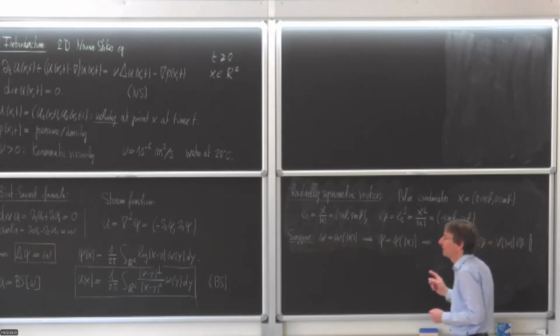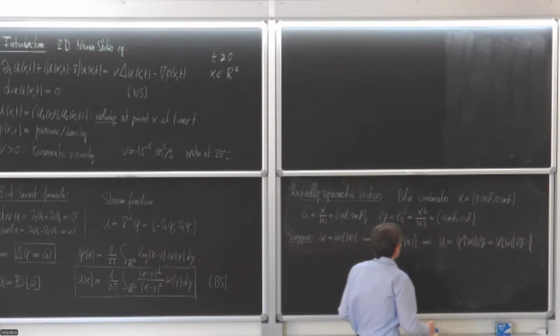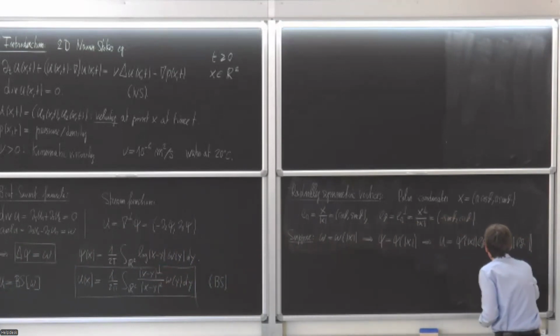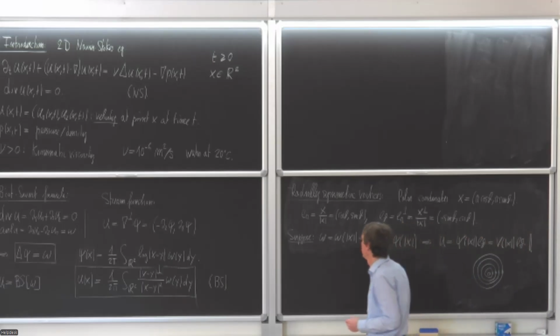The streamlines are the integral curves of the velocity vector. These are just concentric circles centered at the origin, which is really the intuitive notion of a vortex. The particles rotate in some direction, and the speed, depending on the radius, is governed by this equation.